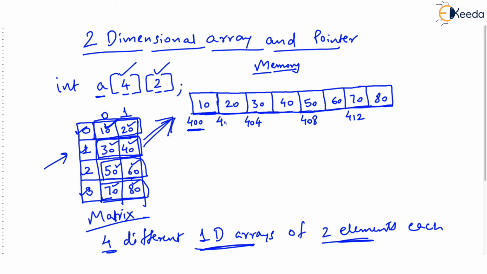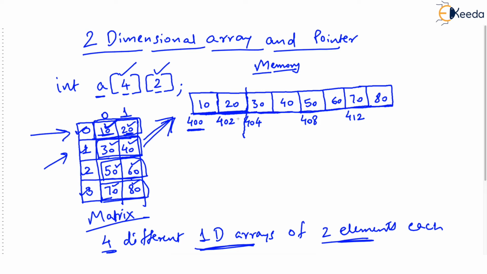So the next location is going to be 402, 403, for 20. Now you note this 10, 20 is in fact the values of the 0th row. Observe this. They are sequentially stored from 400, 401, 402, 403.